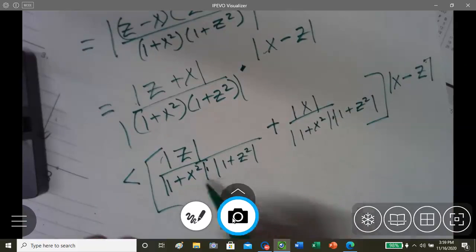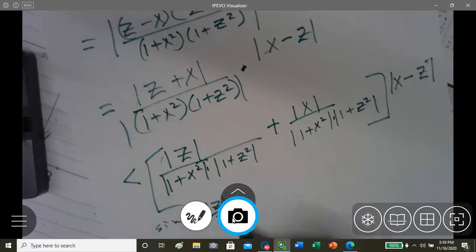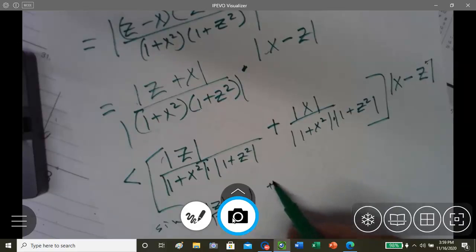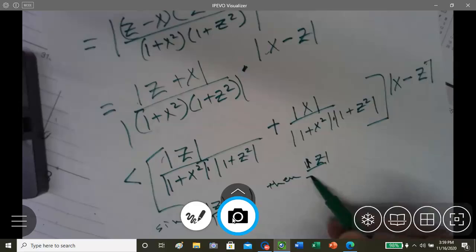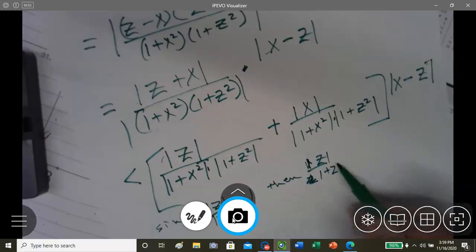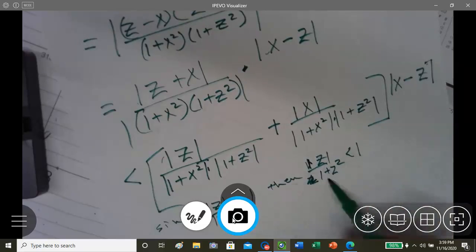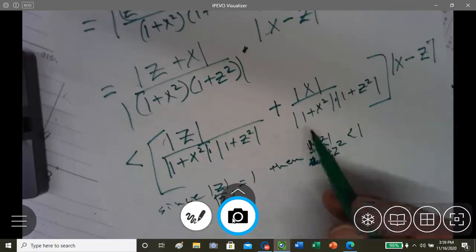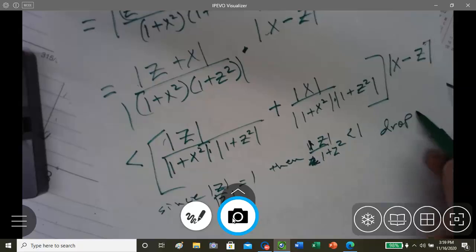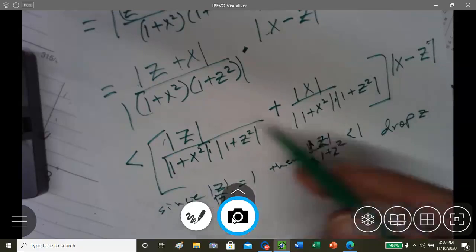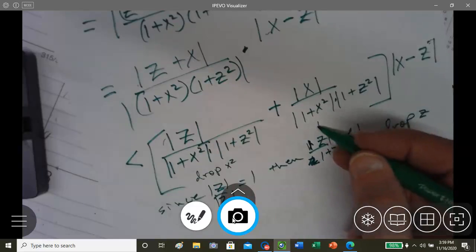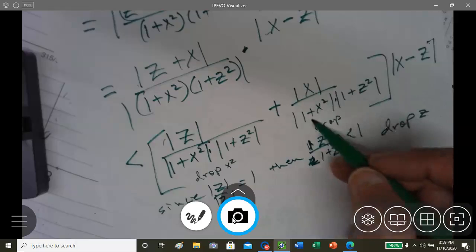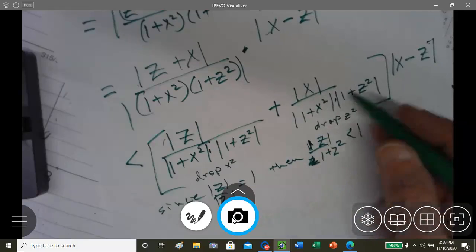And since the absolute value of z over 1 plus z squared is less than 1 because the denominator is larger, we can drop the x squared on the left, and since this is an x, we want to drop the z squared on the right.